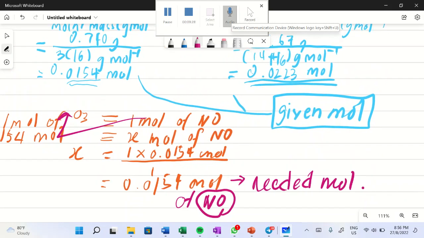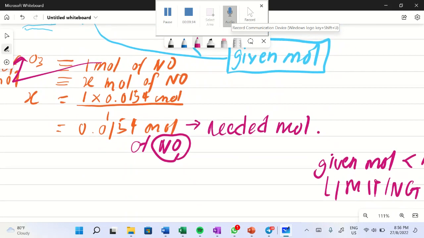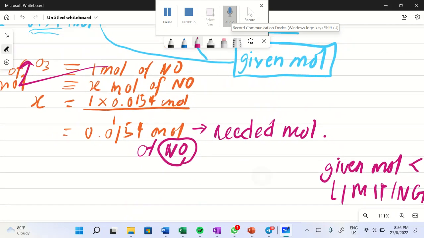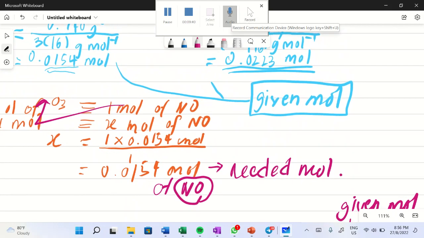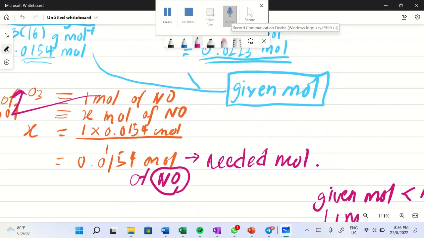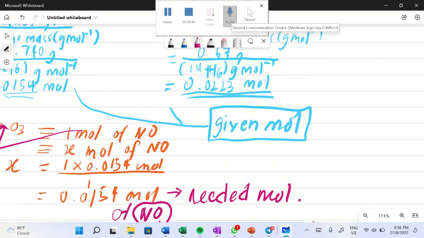And we compare with the given mole of NO, 0.223 mole. So we can see that needed mole here is lesser than given mole.